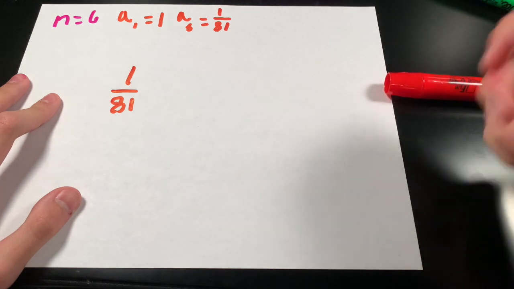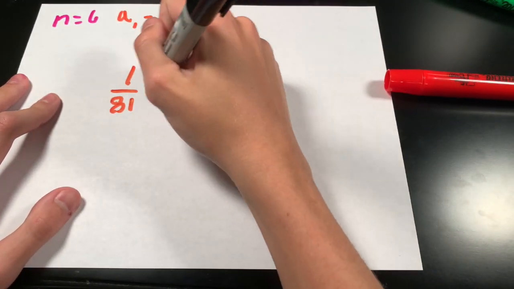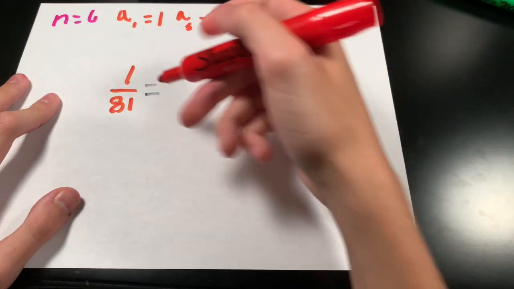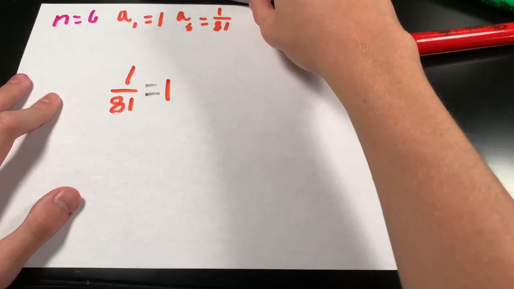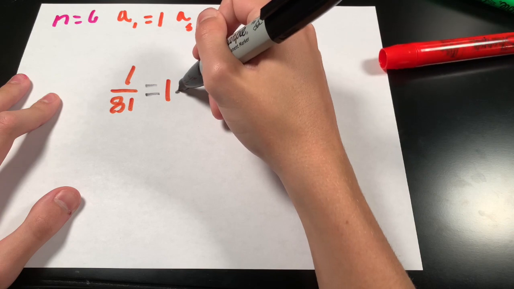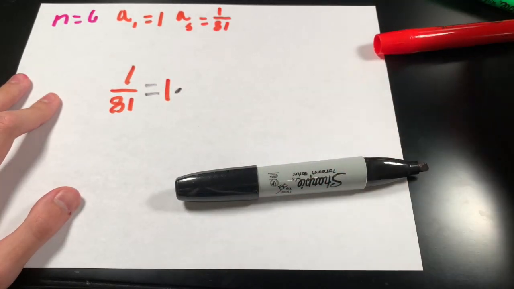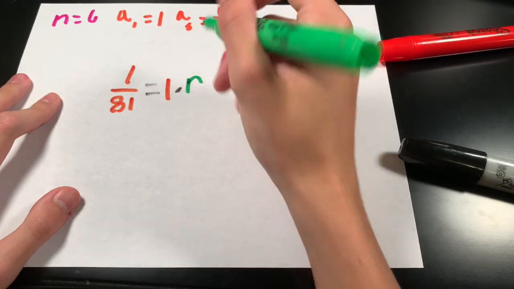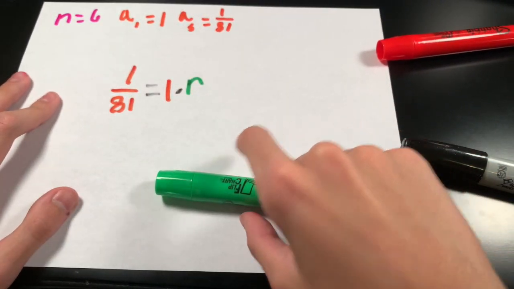So we set that equal to A1, which is 1, times our ratio, which we do not know, so we will put R, to the n minus 1.